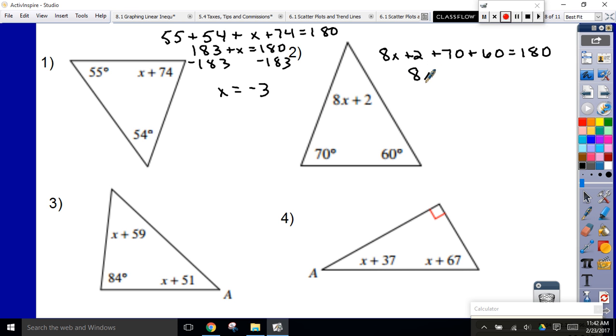So I now have 8x plus 132 equals 180. Now what do I do? Subtract 180 minus 132. Okay, now I'm actually going to subtract 132 from both sides. So I end up with 8x equals what? 48. Good. And then what?